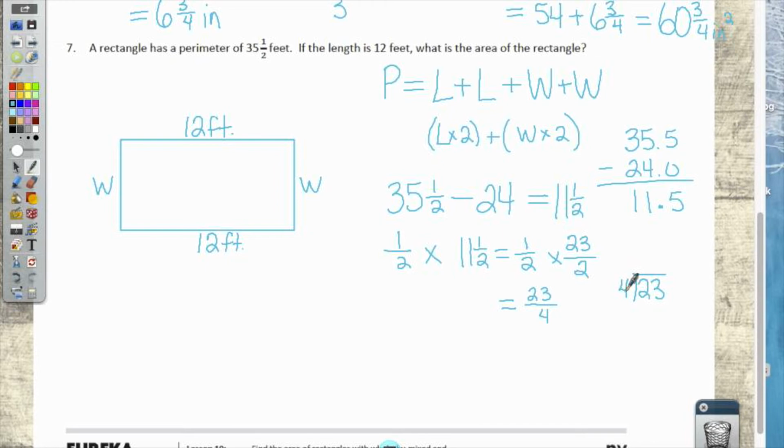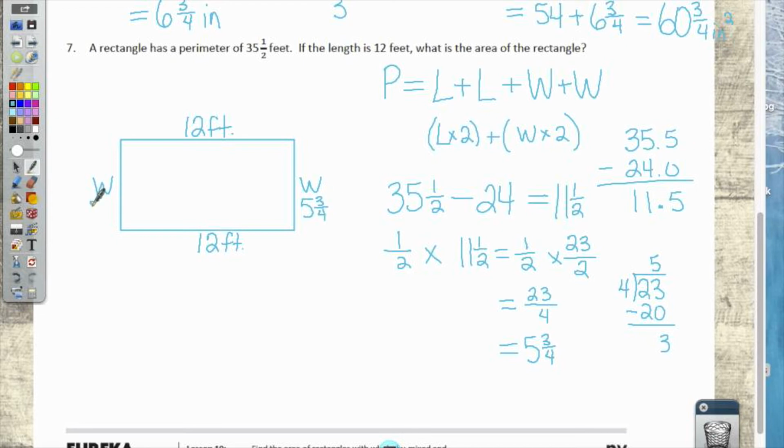What's 23 divided by 4? 4 times 5 equals 20. So my answer as a mixed number is 5 and what, Eurydia? 5 and 3/4.